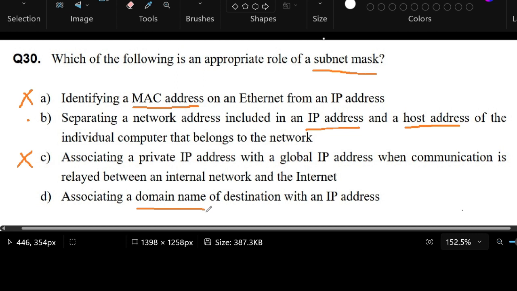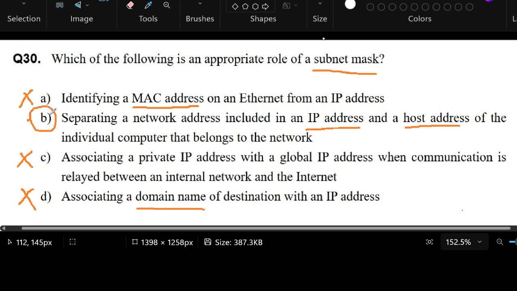You can configure your domain name, but you don't necessarily need a subnet mask. So we put an X mark here. Okay, so the role of the subnet mask is here, the letter B.